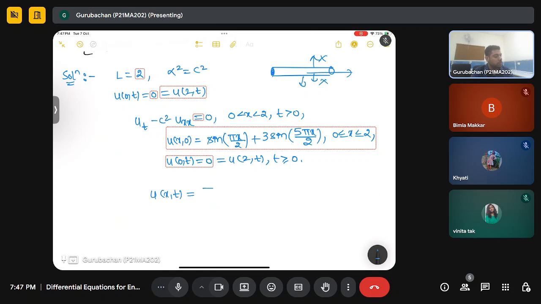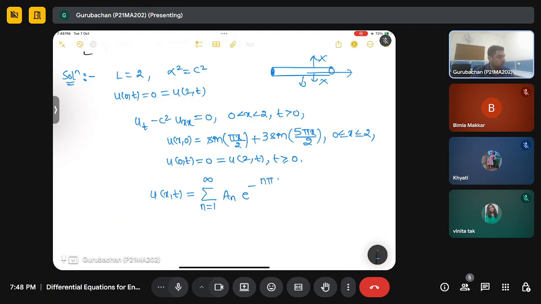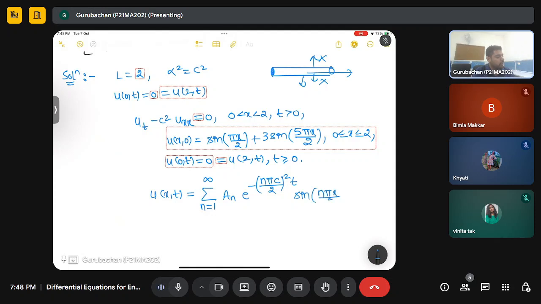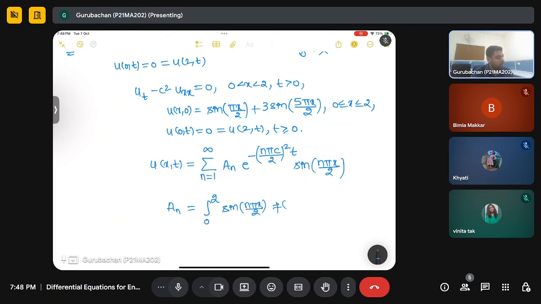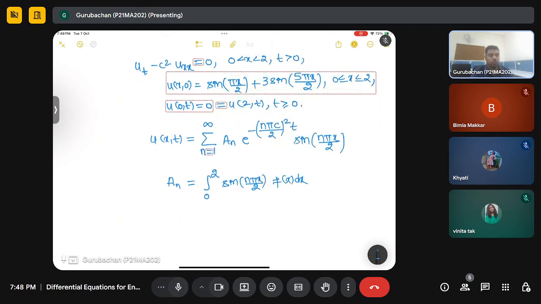So uxt must be a series of an times e to the power minus n pi alpha by L, where alpha is c and L is 2, squared times t, times sine n pi x by L, that is n pi x by 2. Next, an can be found from 0 to L, that is 0 to 2, of sine n pi x by 2 times fx dx, where fx was ux0.